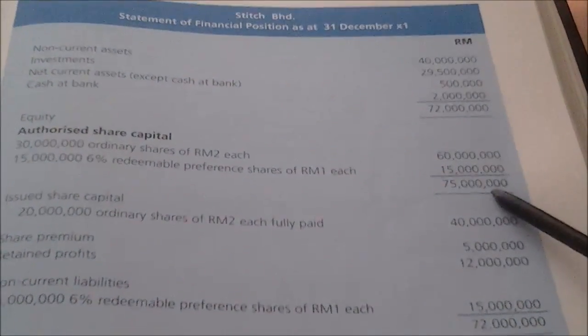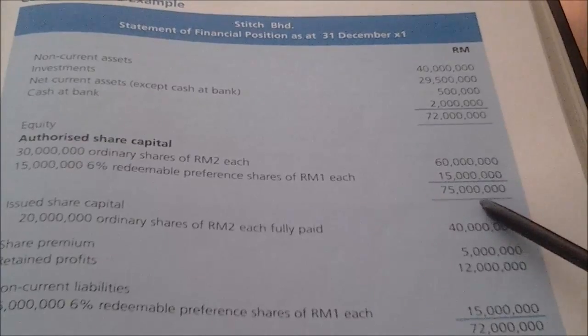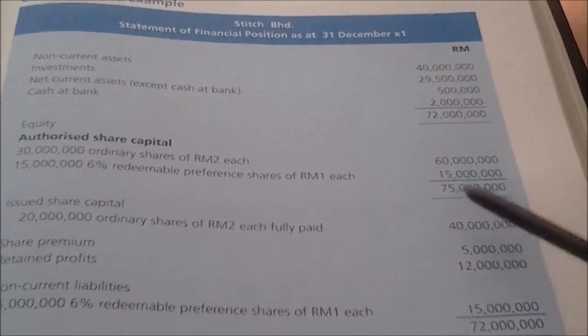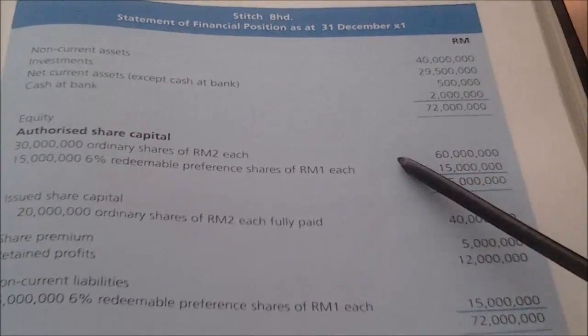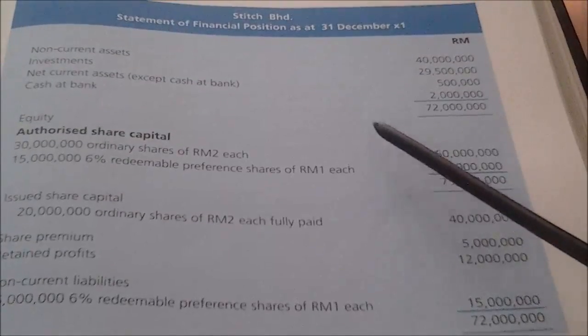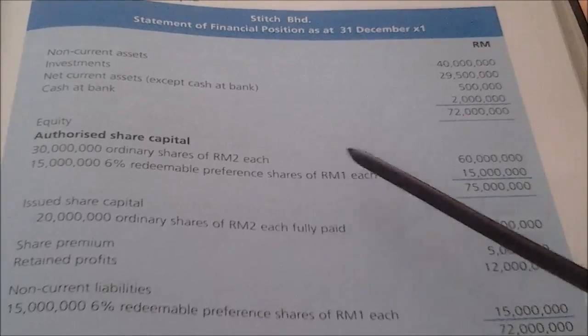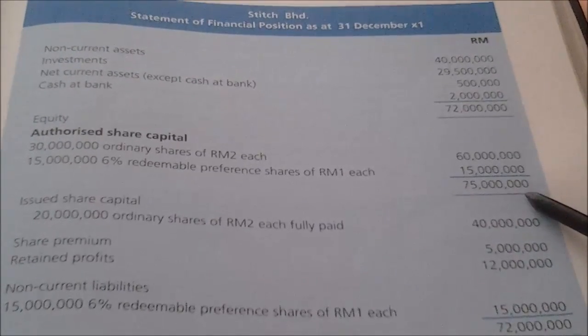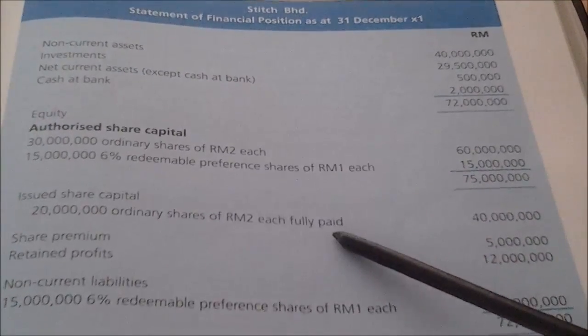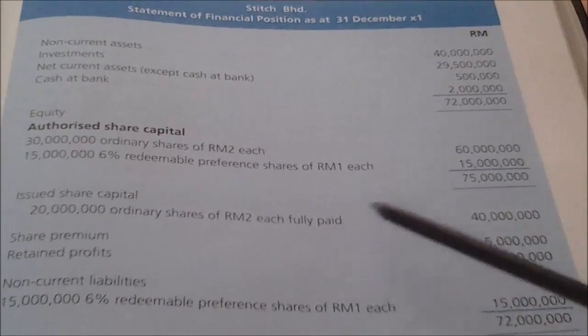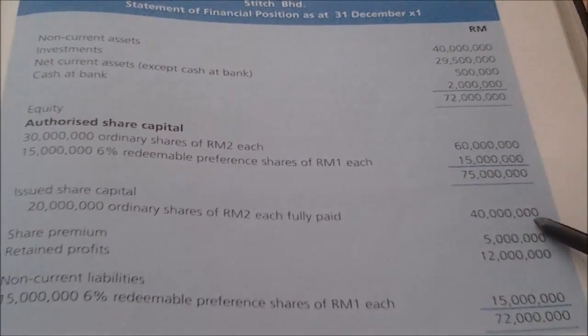This 75 million is not counted because it is recorded as a note, so that whenever another person reads the accounts, they would know that this company's authorized share capital is only up to this limit.